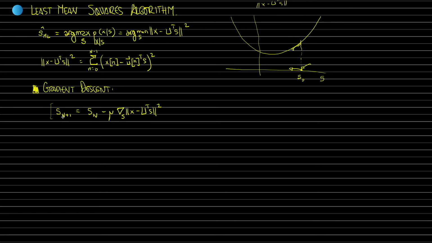The estimation at n plus 1 is equal to the estimation at n minus mu times the gradient. Okay?